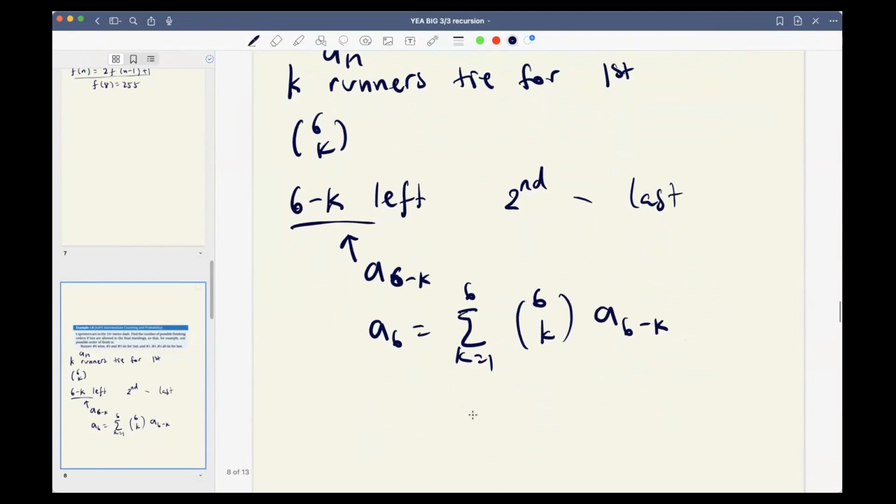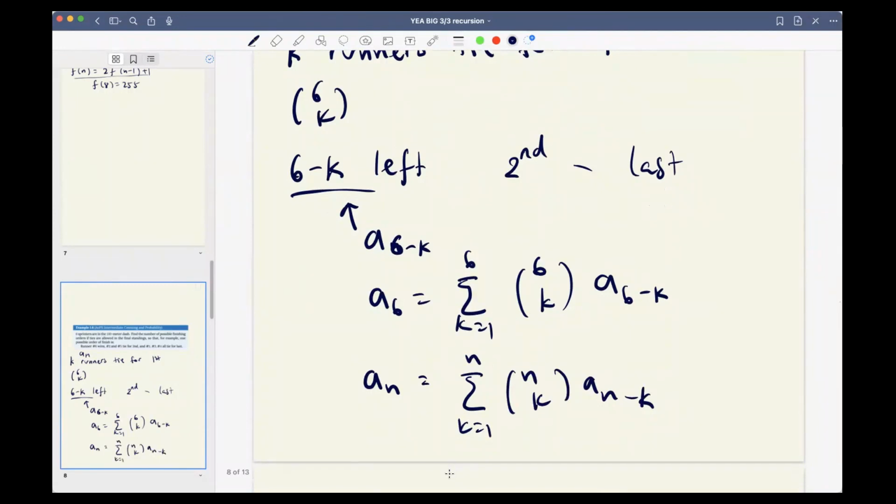From here, you have to first find a few terms, and then you can just work your way up to 6. And in general, A of n is equal to the sum of n choose K times A of n minus K.